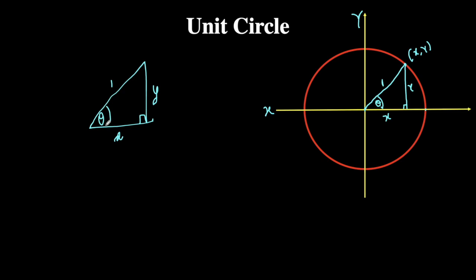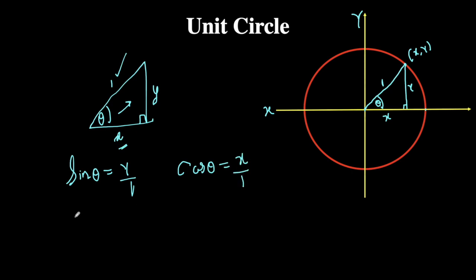Now we know that we can calculate sine theta. Sine theta is always opposite over hypotenuse. So sine theta is equal to y over 1, because this is opposite and this is your hypotenuse. Now I can also write cos theta. Cos theta will be equal to adjacent over hypotenuse, so x over 1.